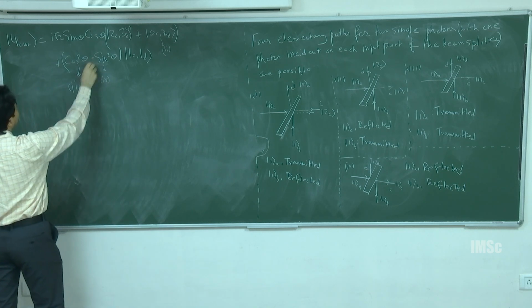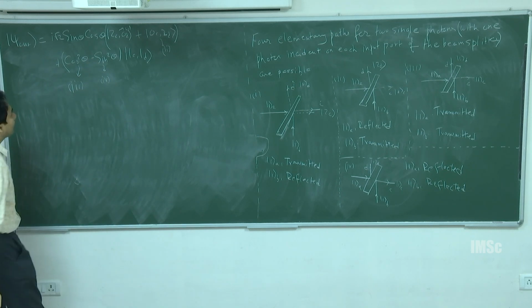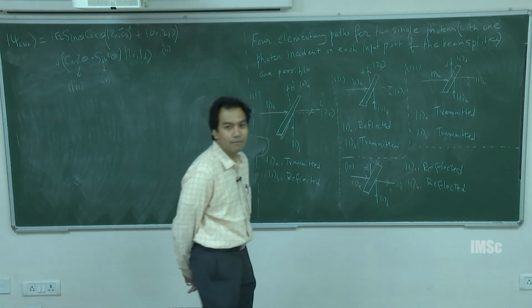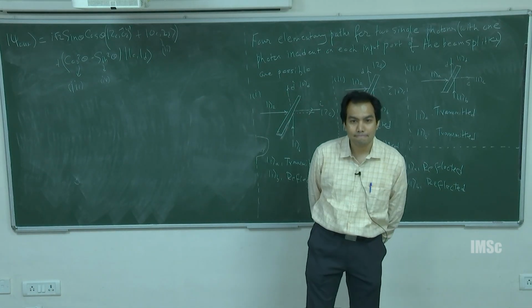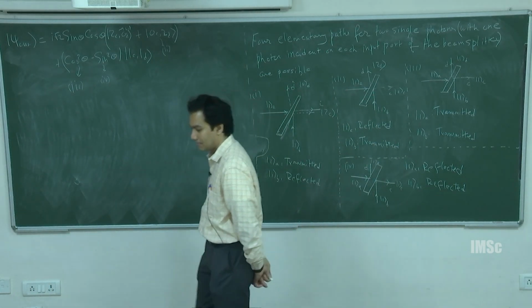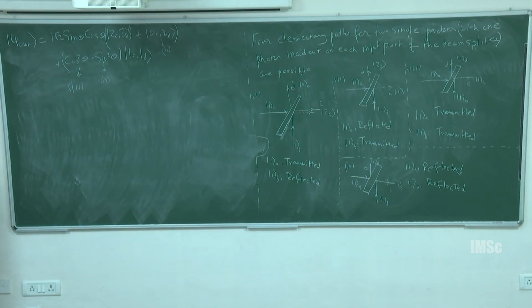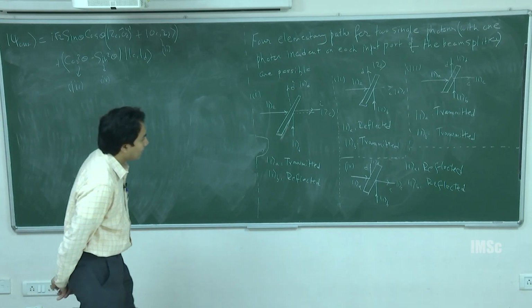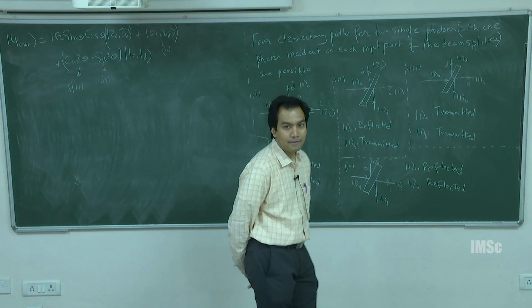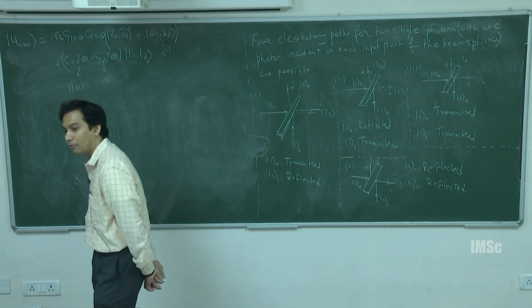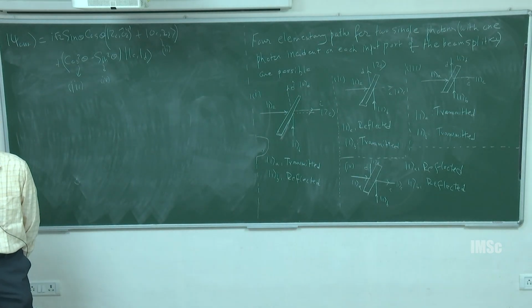Now, why is there a minus sign? Why is it cos square theta minus sin square theta? So what does that minus sign correspond to? Reflected signals are taking pi by 2 phase. Very good. You're right, yes. So in the fourth possibility, both the photons get reflected. So each photon picks up a phase. You're right, pi by 2. Very good. So you get 2 factors of I. Right?